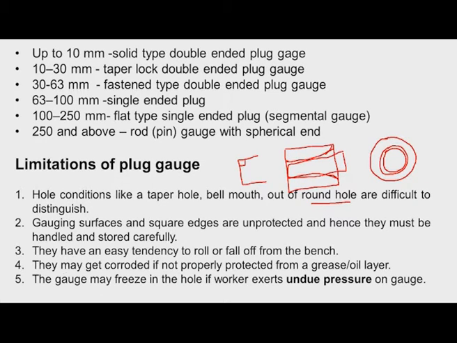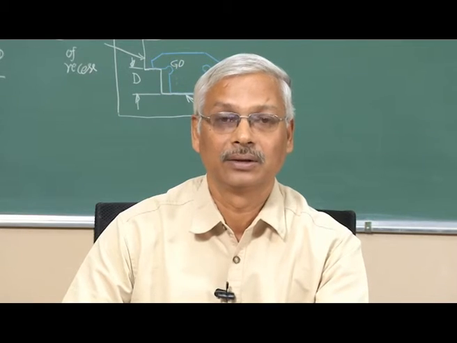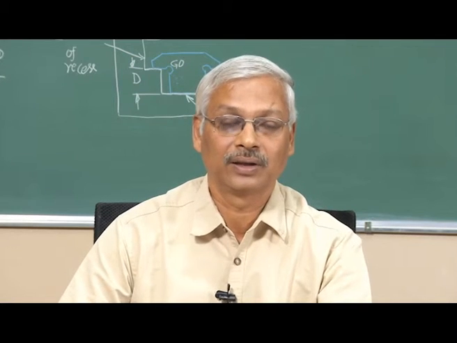And then they have an easy tendency to roll off or fall off from the workbench. Since the gauges are round, they will roll off from the table. So proper care should be taken to place them in a proper place so that they will not fall.